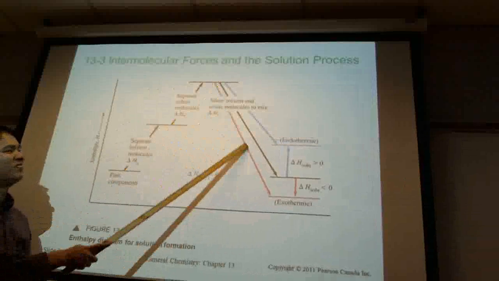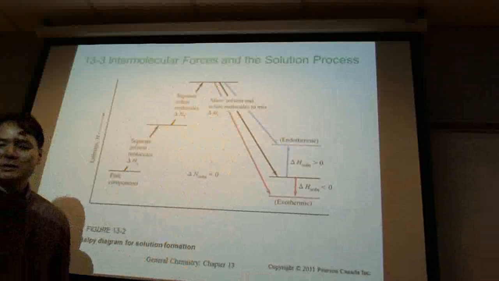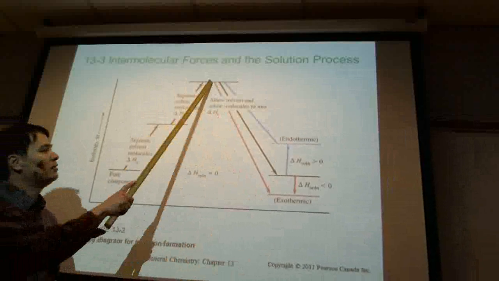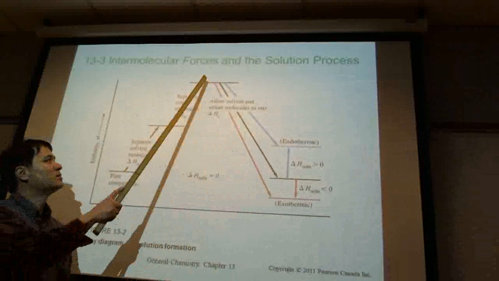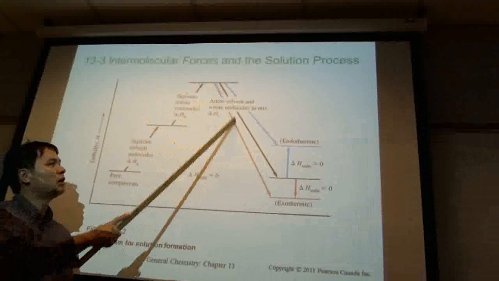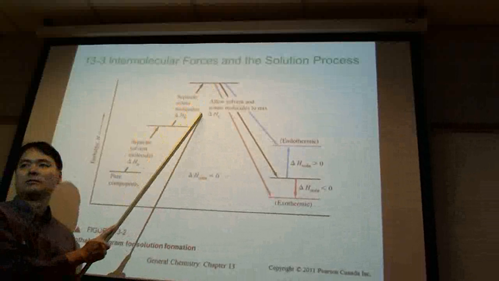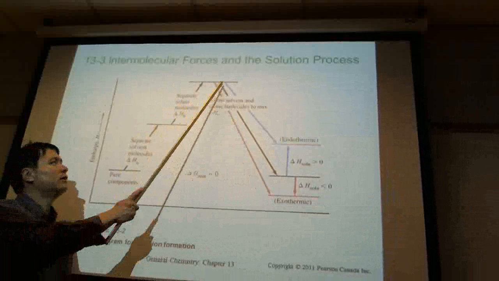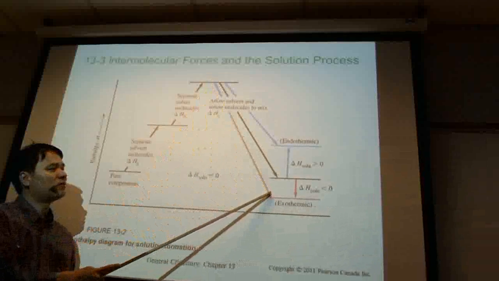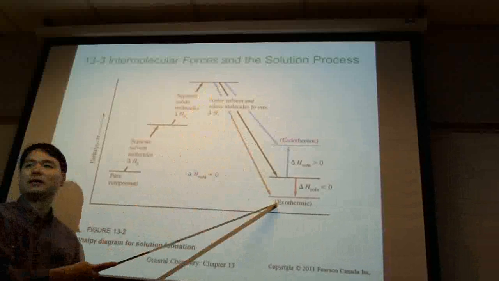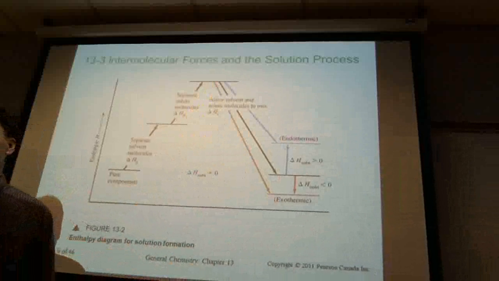And then we mix them. We have three scenarios where we mix. Mixing is highly favorable. That is, the solute-solvent interaction is stronger than the solvent-solvent and the solute-solute. So if the solute-solvent attraction is more favorable, net we get exothermic. The solution should form.